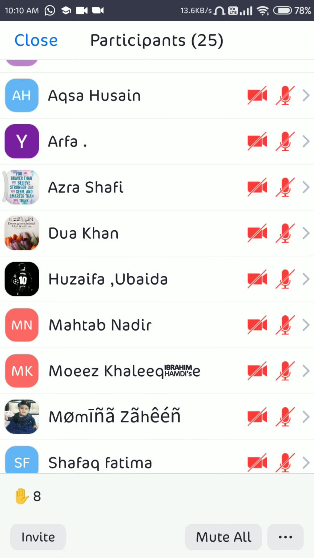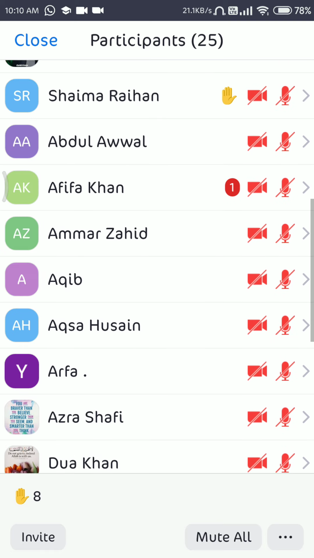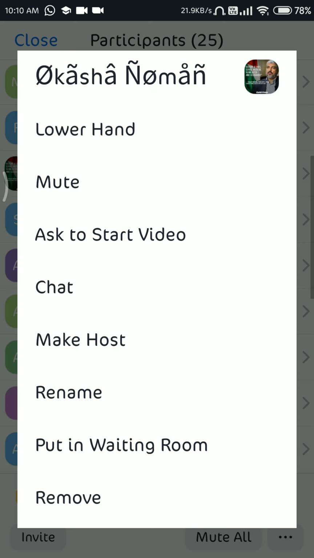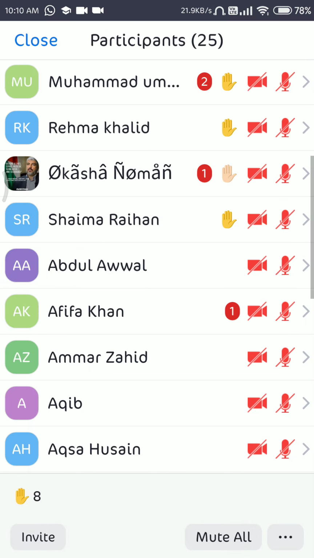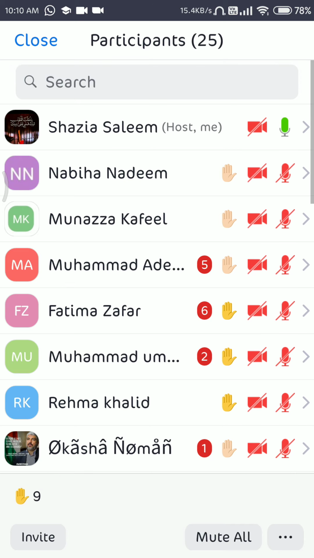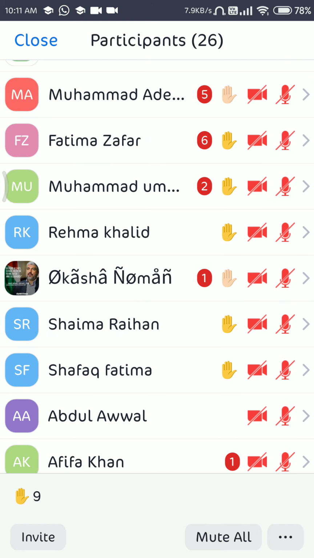Huzaifa, Ubaida, Arfa, Aqsa, Aqib, Amar Zahid, Shafaq.